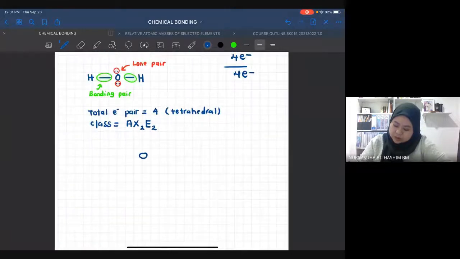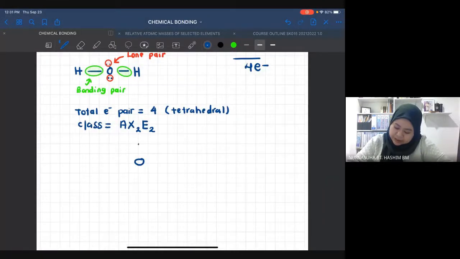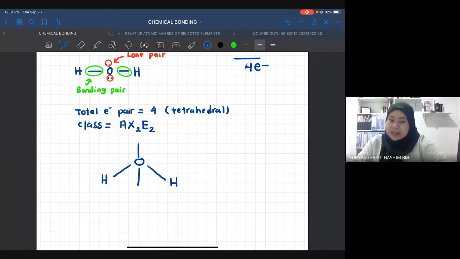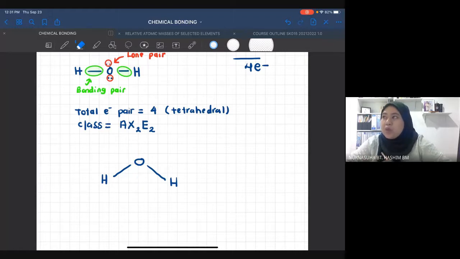Now we know the shape is tetrahedral. Madam draws the tetrahedral first. We have oxygen, so Madam puts hydrogen. The other 2 are lone pairs. Imagine the lone pairs have no bonds, so we delete the bond.